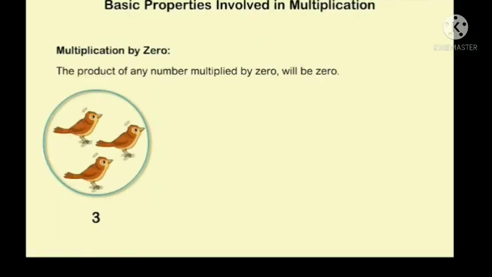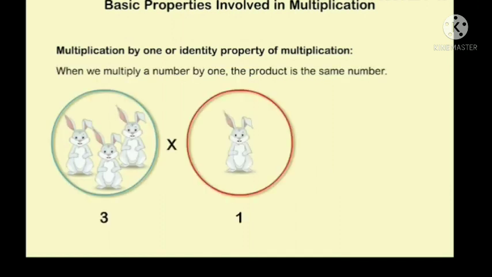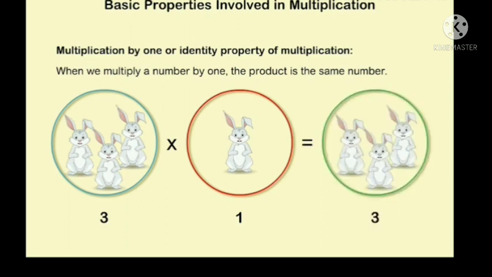Understand? Properties. The first property, multiplication by 0: the product of any number multiplied by 0 will be 0. Multiplication by 1, or identity property of multiplication: when we multiply a number by 1, the product is the same number.